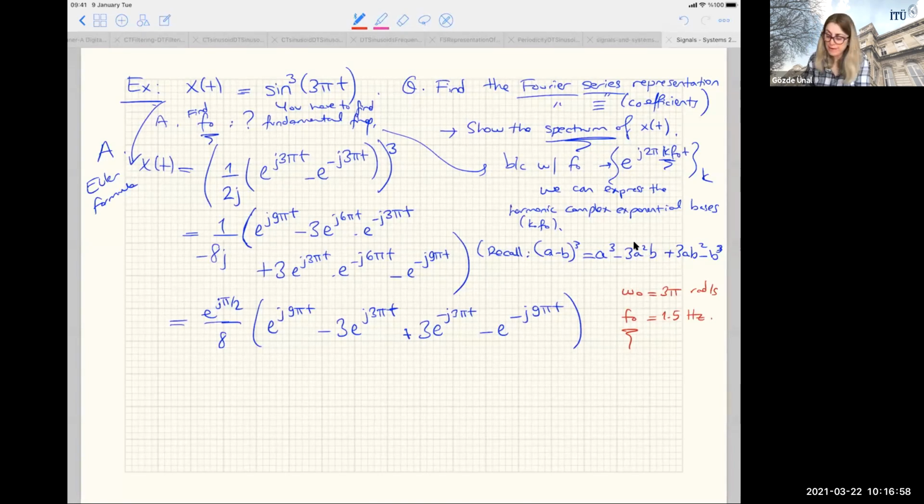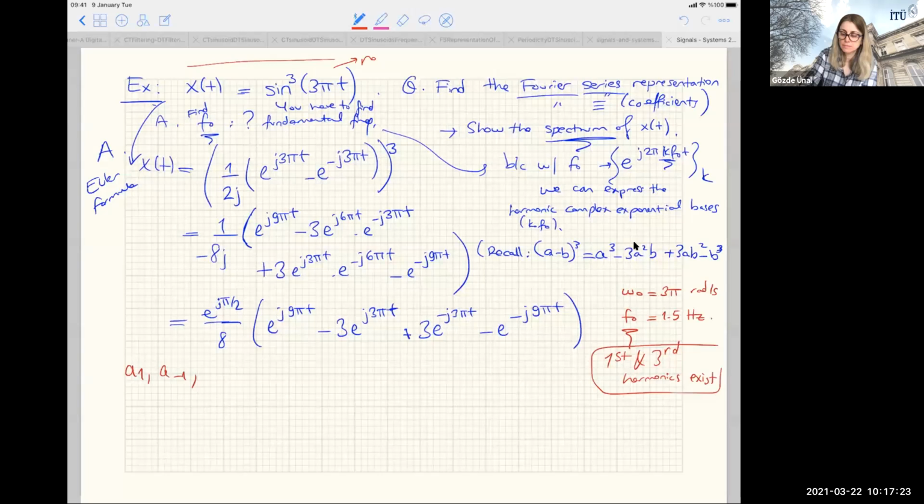So guys, let's write it here. First and third harmonics exist. And that would mean you guys would say, I have A1, right? And I have A minus 1, because it's a real signal. Real signal, you should note that.